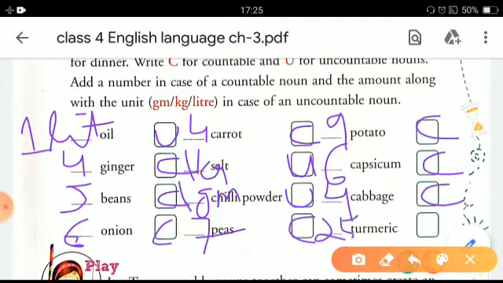And 250 gram turmeric, that is uncountable.